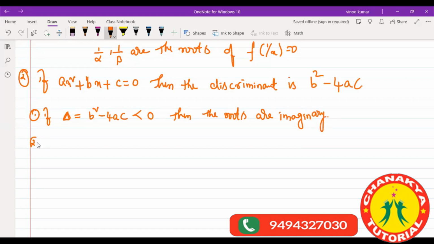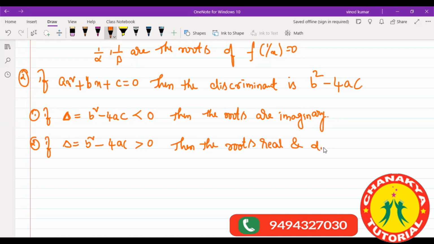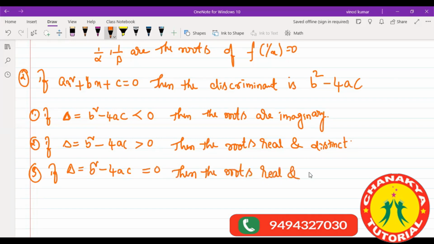And next, if delta equals b square minus 4ac is greater than 0, then the roots are real and distinct, or unequal. Next, if delta equals b square minus 4ac equal to 0, then the roots are real and equal.